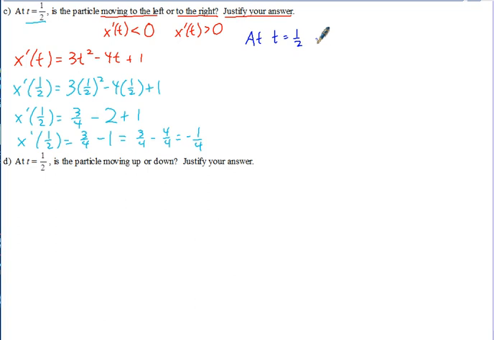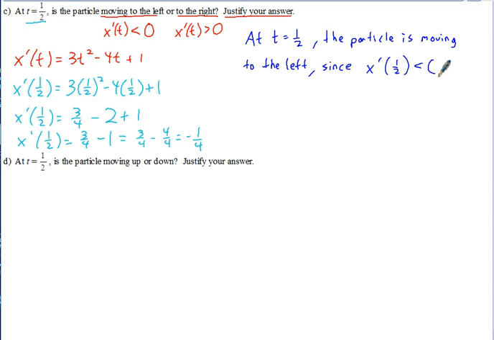Let's say t equals 1/2, the particle is moving to the left since x prime, and here we don't want to put t because that would be any time, we look specifically at time 1/2, is less than 0.